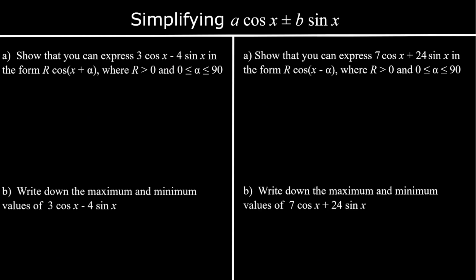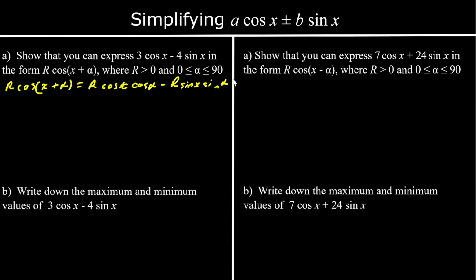And one more question. Show that you can express 3 cos x minus 4 sin x in the form r cos x plus alpha. So r cos x plus alpha will be equal to r cos x cos alpha minus r sin x sin alpha.